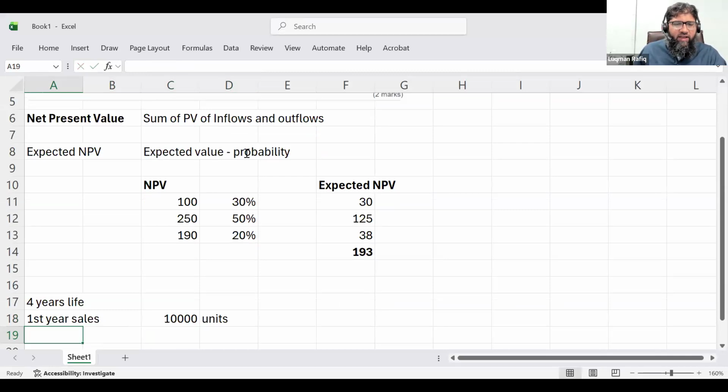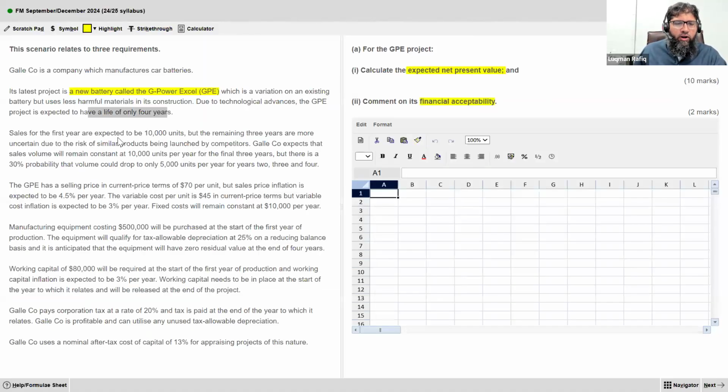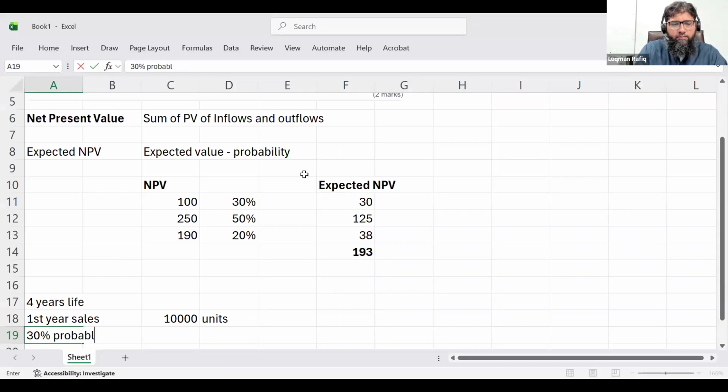Gall expect that sales volume will remain constant at 10,000 units for the final year, but there is a 30% probability that the volume could drop to 5,000 units per year for years 2, 3, and 4. So the probability is 30% that it's going to be 5,000 units.